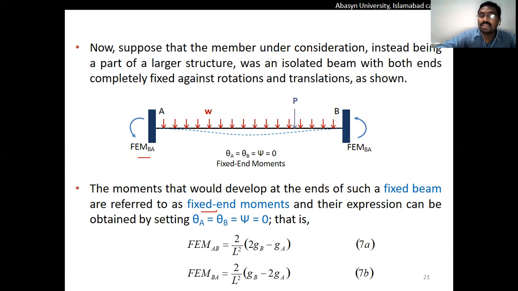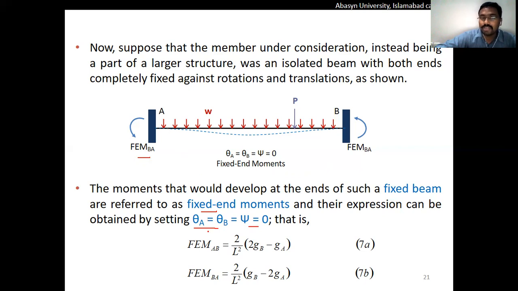And we can calculate the values of these fixed end moments by setting the rotation at point A equal to the rotation at B equal to the deformation, which is equal to 0. We already know that there is no rotation when the support is fixed, and similarly there are no deformations when we have a fixed support.